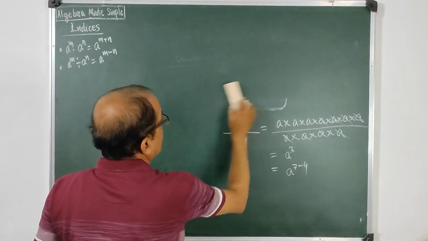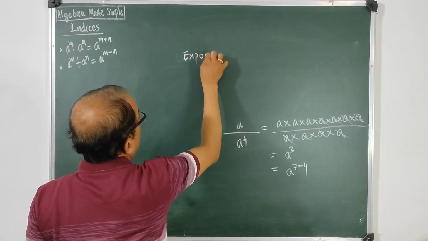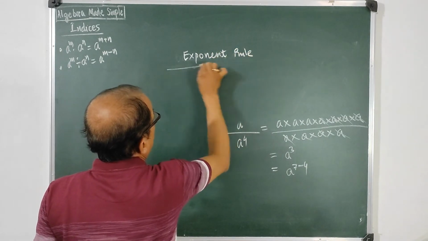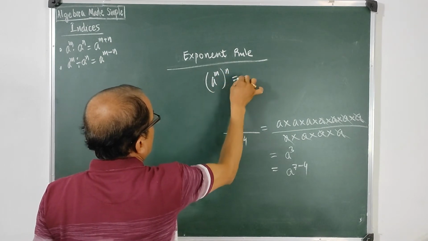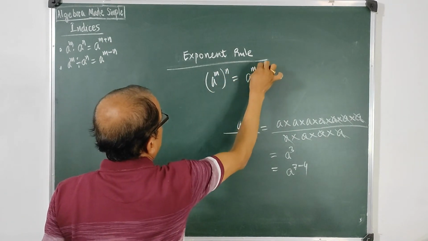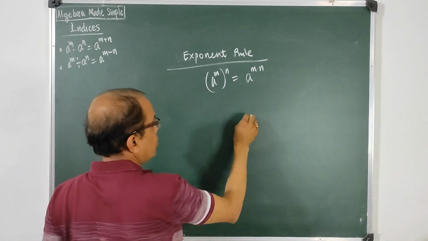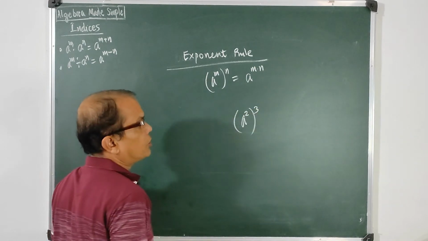Then the exponent rule. This rule is a to the power m, whole to the power n, is a to the power m into n. Suppose we are multiplying a square thrice. What does this mean?